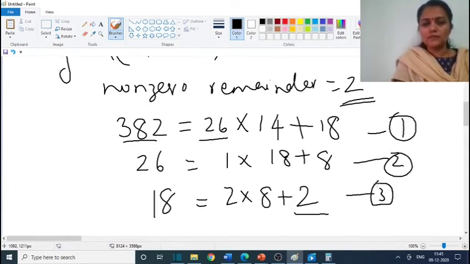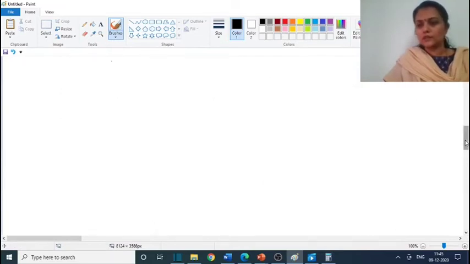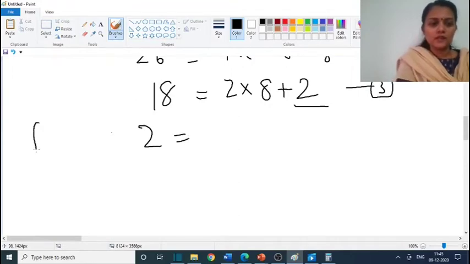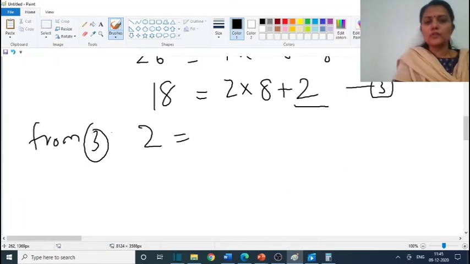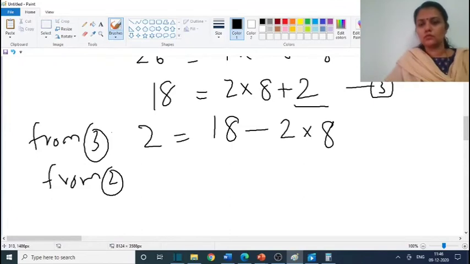The three numbers we require are 382, 26 and 2, that we have to keep in mind. So 2 is equal to, from equation 3, 18 minus 2 into 8.